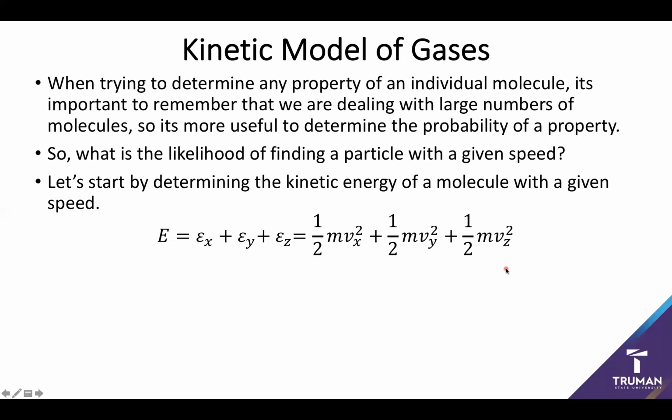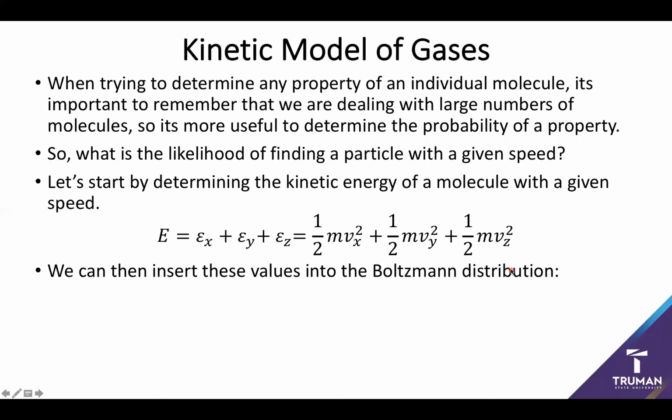And then we insert this into a rather fun postulate of physical chemistry, which is the Boltzmann distribution. The Boltzmann distribution is simply an equation that says I can figure out the probability of a property using the energy of a molecule in that given state.